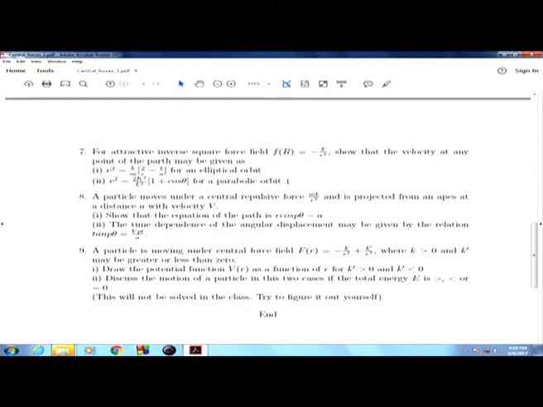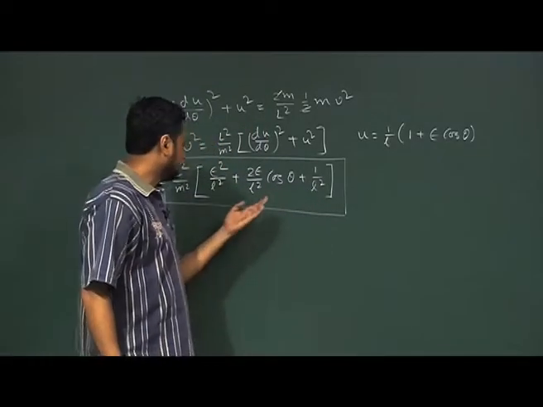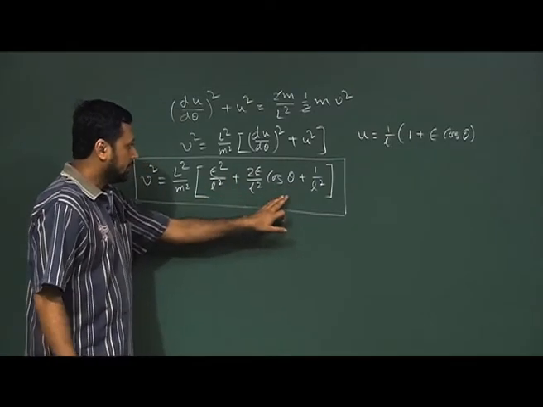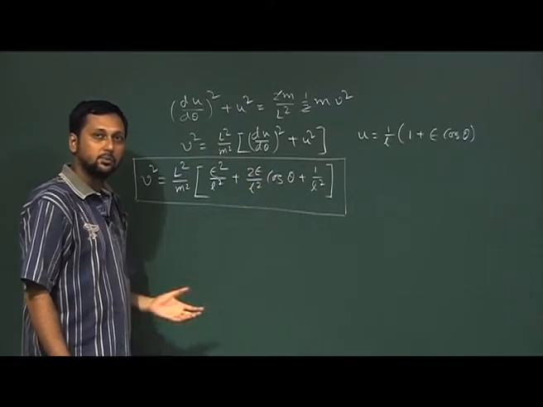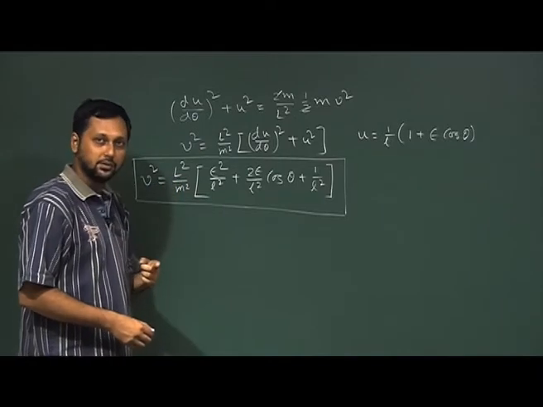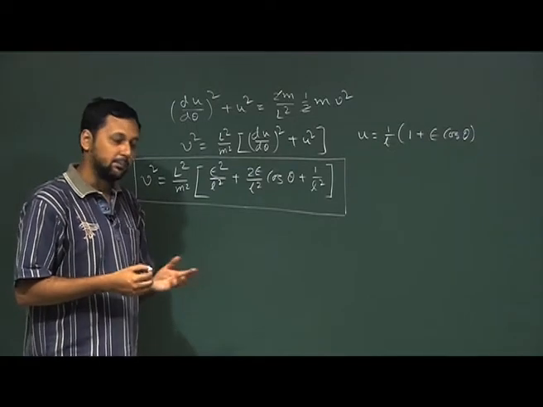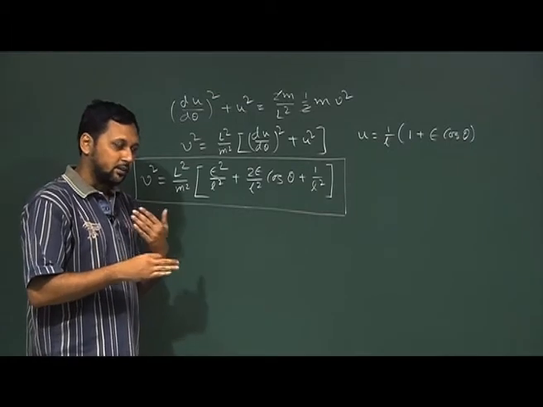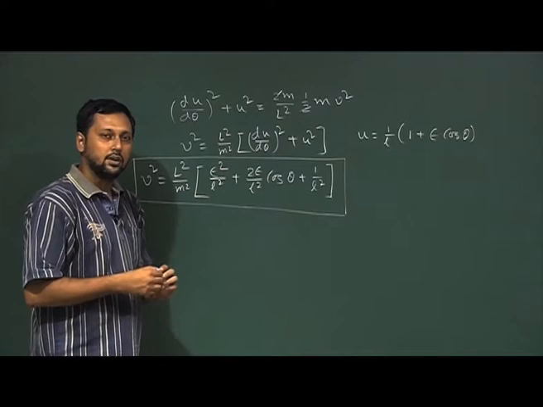So, what we need to do is start from this particular expression, and for the first part we have to use some properties of the elliptical orbit in order to get the expression which is given in the problem set, and for the second part we can use a separate set of parameters, a separate modification to this relation, in order to get it for a parabolic orbit.